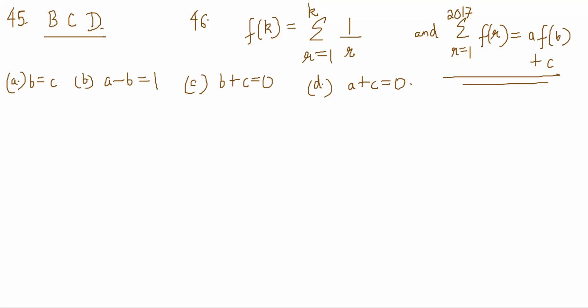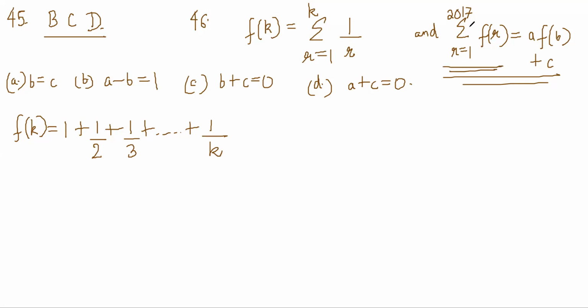Okay, so let's try to think about this. f(k) is basically 1 plus 1 by 2 plus 1 by 3 till 1 by k, and we take the summation of all such from 1 to 2017.